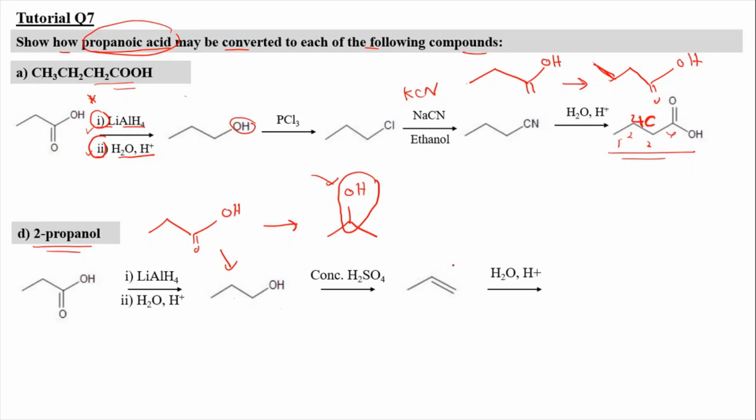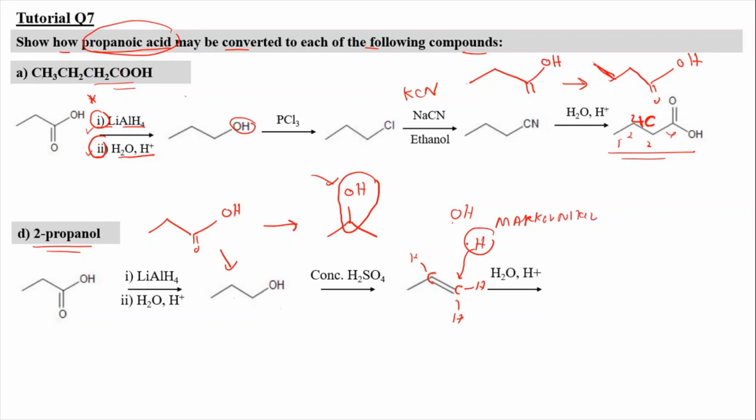So what will happen here is that the hydrogen is going to attach to the carbon that has more hydrogens attached to it. Okay, so the OH is going to attach here. Okay, and this is going to follow the Markovnikov rule.